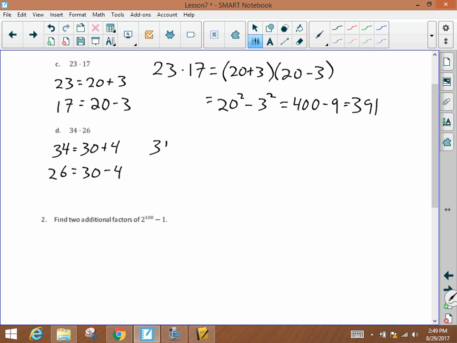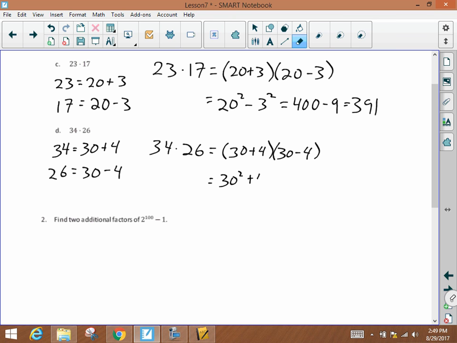And that means that 34 times 26 is going to be equal to 30 plus 4 times 30 minus 4, which turns out to be 30 squared minus 4 squared, which is 900 minus 16, or 884. So there's a cool way of doing some mental math.